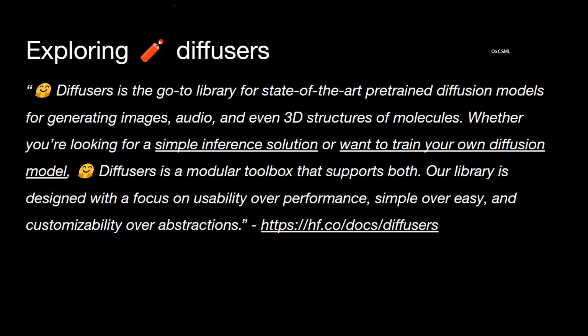So if you feel like this bit of code could have been optimized even further, probably there's a reason why we wanted to behave like that, because we wanted to focus more on the usability side. We want to be simple over easy, and we want to provide you with tooling so that you can go ahead and customize your stuff rather than giving you a number of different abstractions. Because I think abstractions introduce a lot of unneeded technical debt, and you need to learn different disparate concepts. So we want you to sort of have fun with our library and customize things to a great extent.